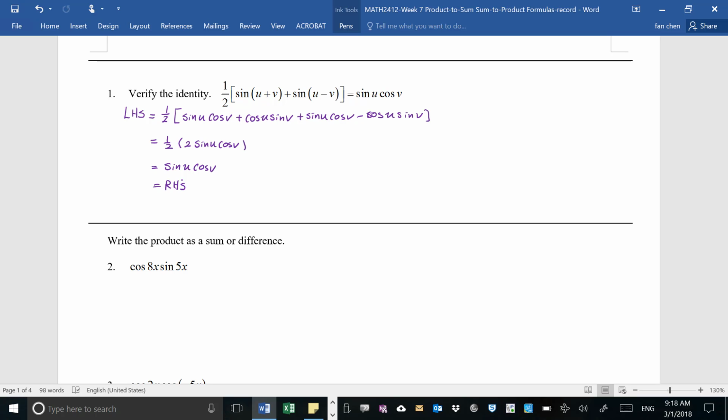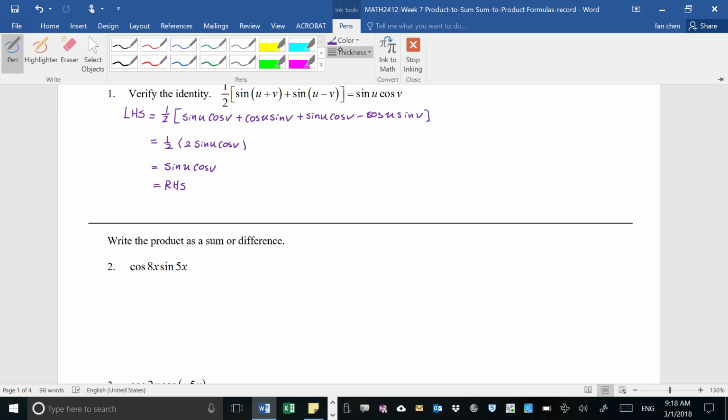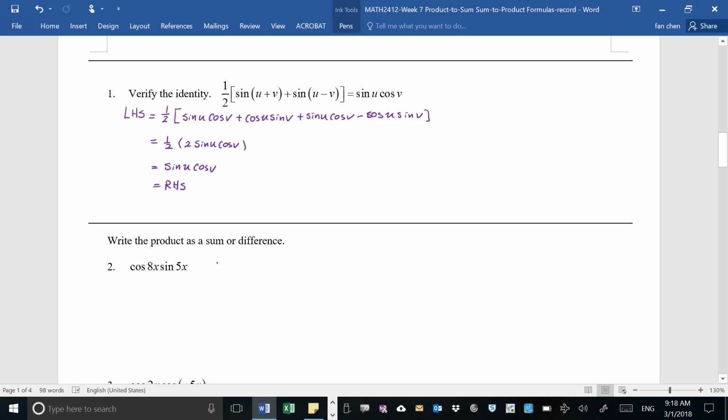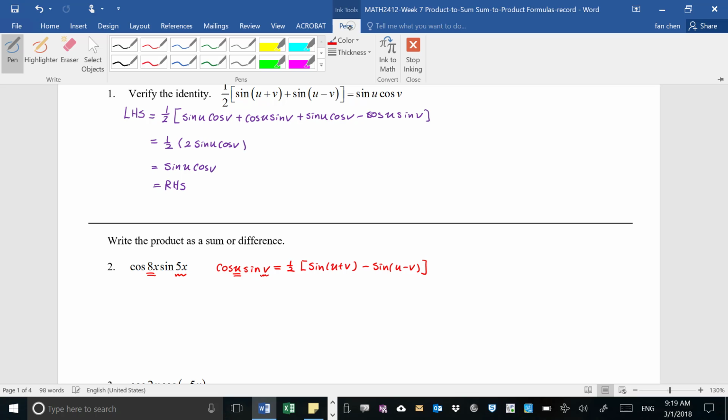Okay, how to apply them? If we take a look at number 2, cosine 8x sine 5x. If we recall this formula, let me change the color real quick. Cosine u sine v is equal to half of sine u plus v minus sine u minus v. In here you can see this u indeed is the 8x and the v is the 5x.